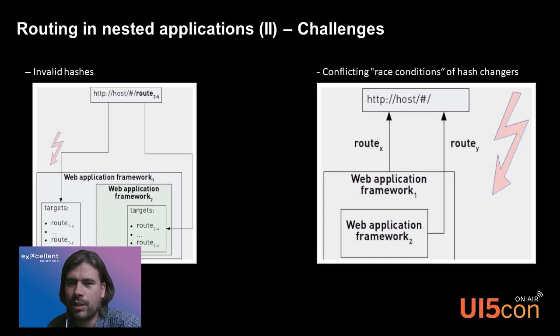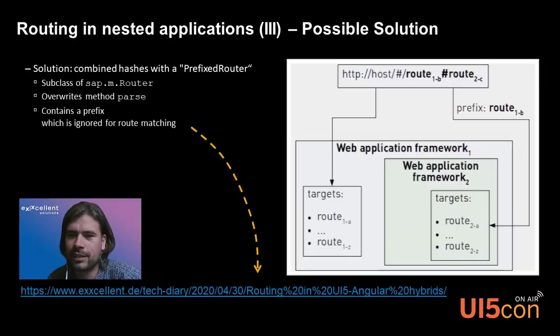And our solution to this routing problem is that we now combine them together and allow them to be together. We adapted the router from UI5 a bit for this. It's now called a prefixed router, and it's just overwriting the parse method, and we are searching for the second hash, ignoring the part that is not for the first one, and so routing everything to the second part.